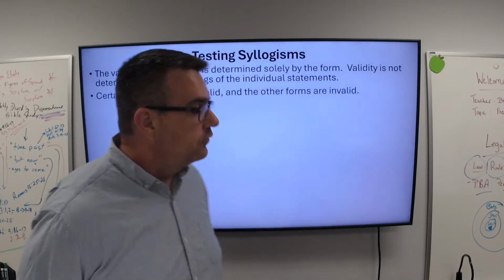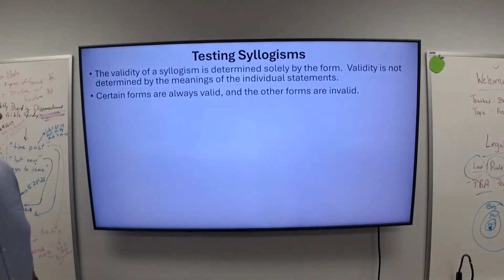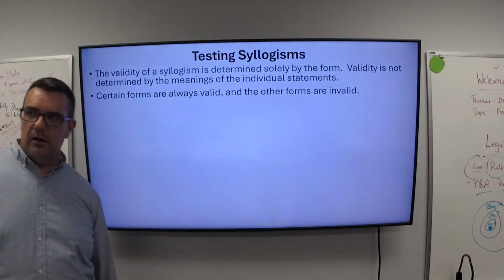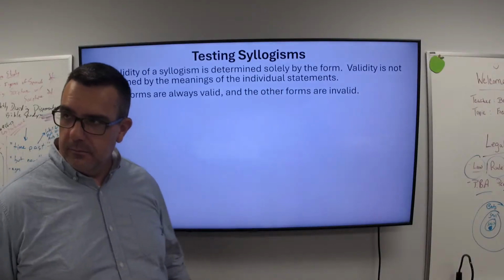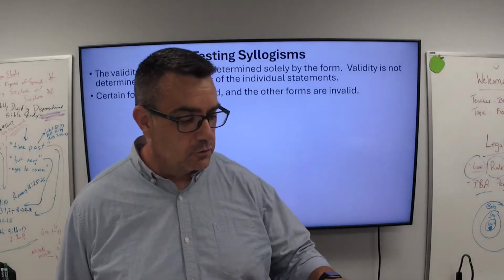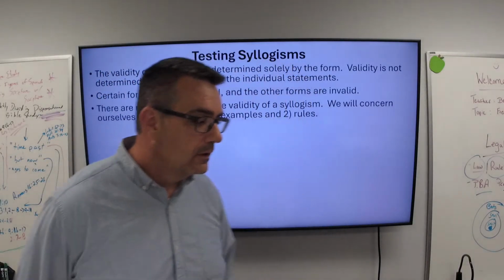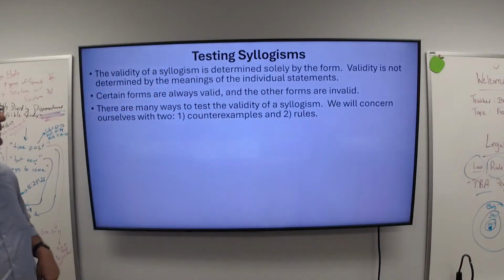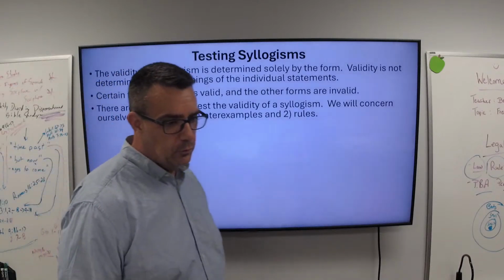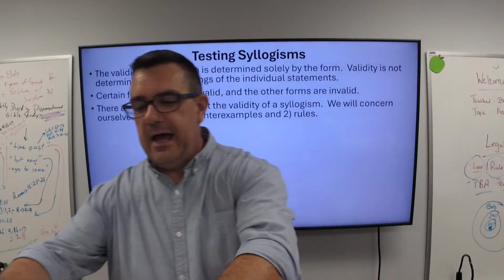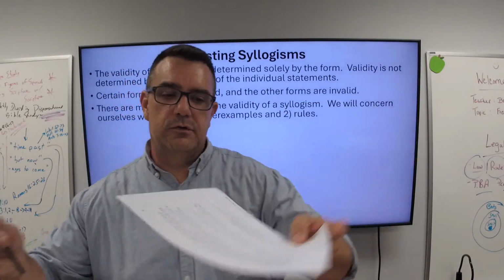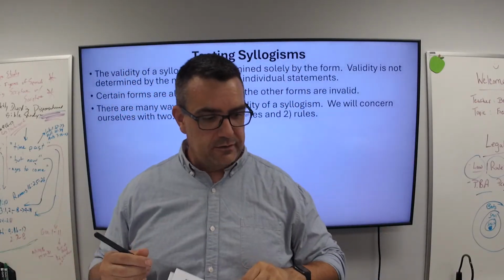So, certain forms are always valid, and other forms are always going to be what? Invalid by nature of structure and form. Okay? So, there are many ways to test the validity of a syllogism. Alright? We will concern ourselves with 2. And I believe I added in the notes that we're only going to look at one of these today?